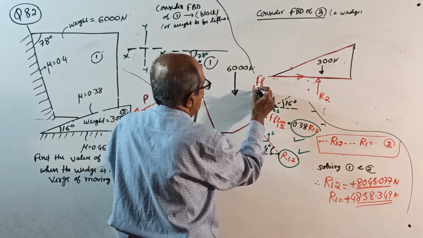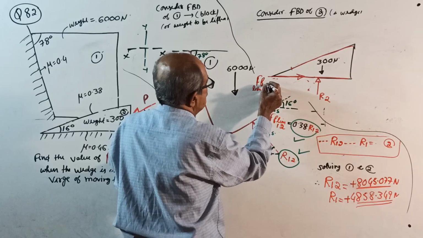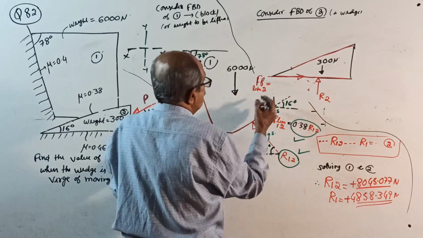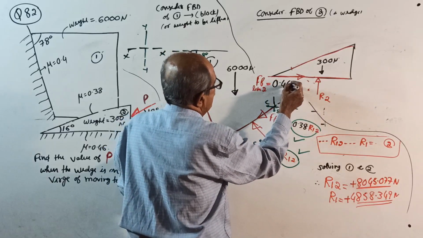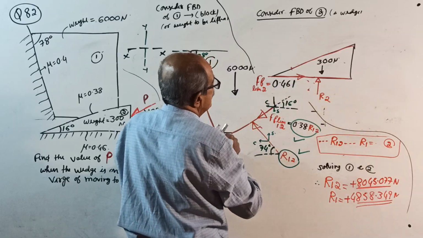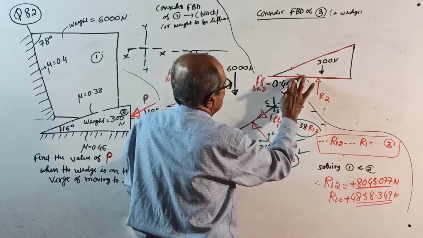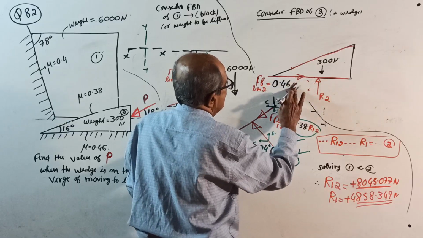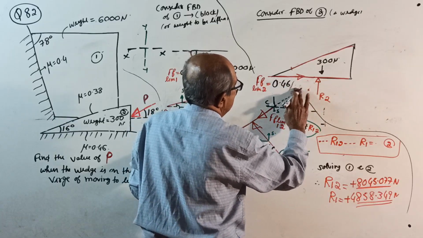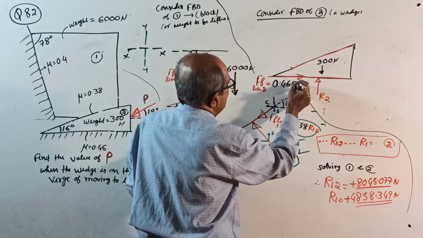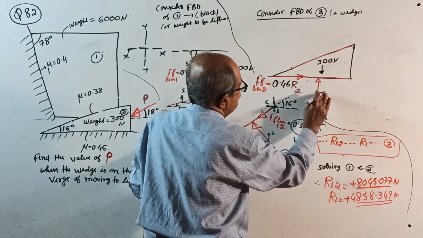F_F limit for 2 equal to 0.46 into R2. This is your R2.